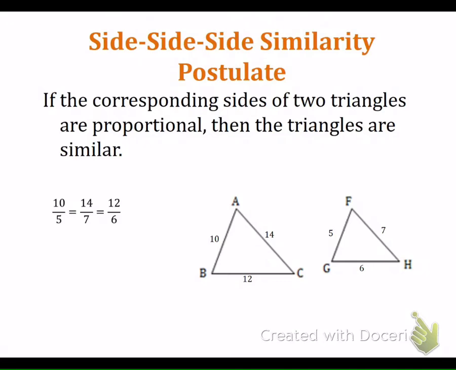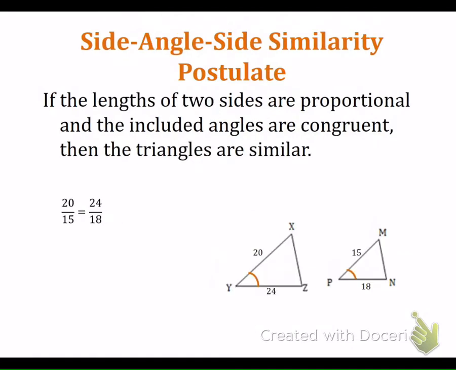So for this one, it would be 10 over 5, 14 over 7, and 12 over 6. They would all reduce to 2 over 1, so they're similar. All right, so this one, congruent.